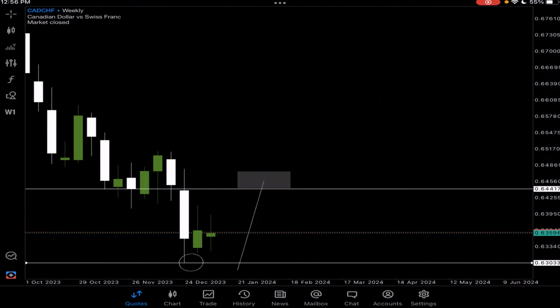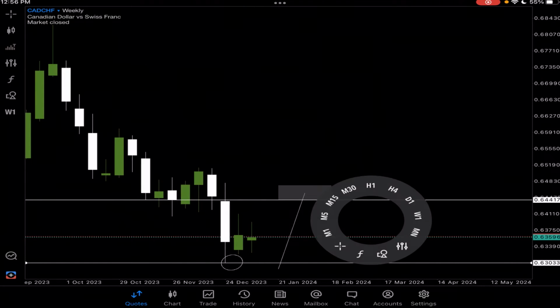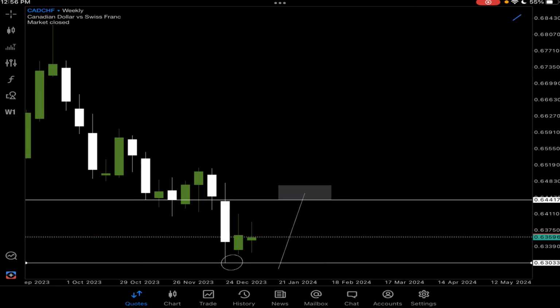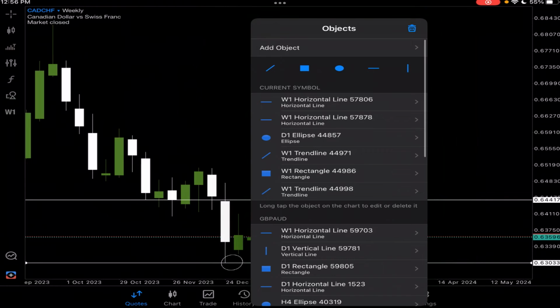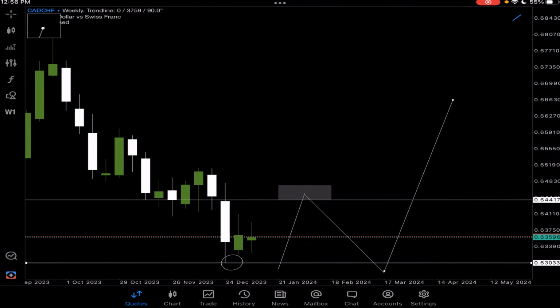Once CAD CHF trades in there, I am also waiting for it to come down here on a weekly time frame, trade below that low, which is now an old low. Then I push price where? Long-term bullishness. Do you understand?